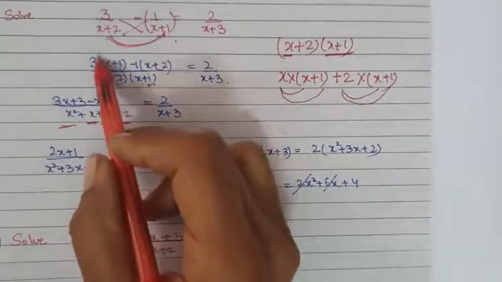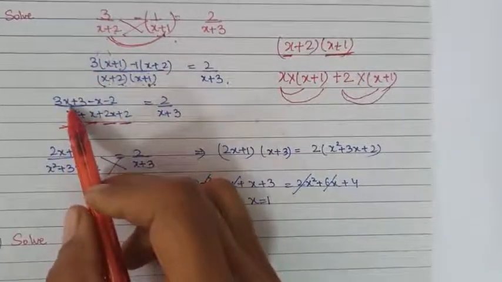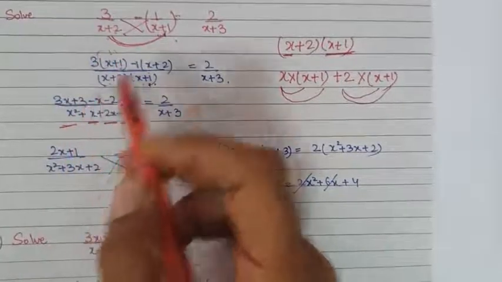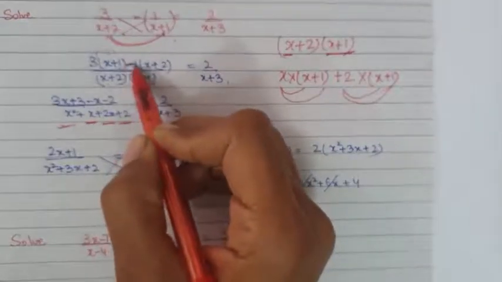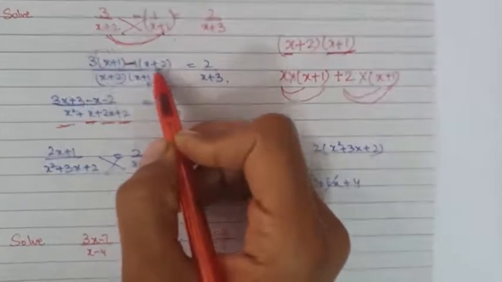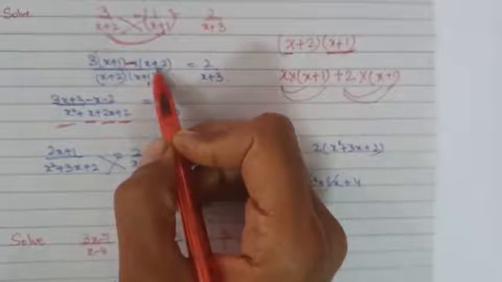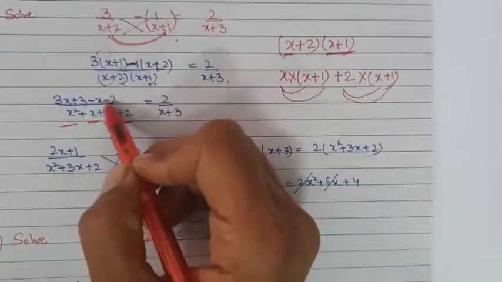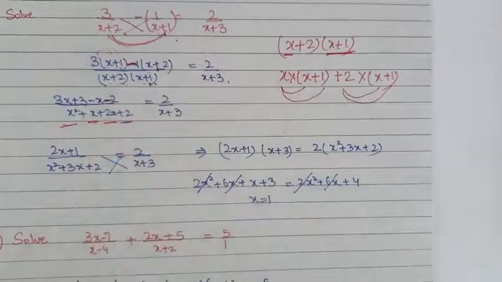Now in the numerator also 3x plus 3. Now see, minus sign is here, so the internal sign will get interchanged. Plus is here, minus will form. Clear?